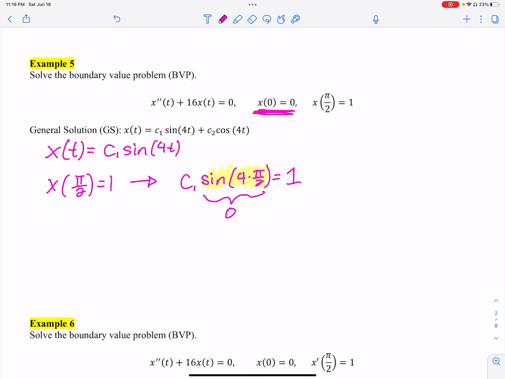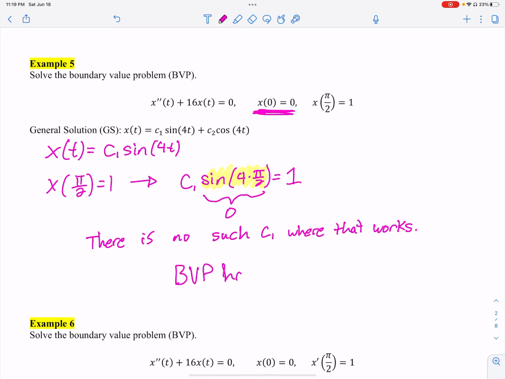So there isn't a C. There is no such C where that works. Since there's no C I can plug there and times it by 0 to get a 1, then the BVP has no solution.